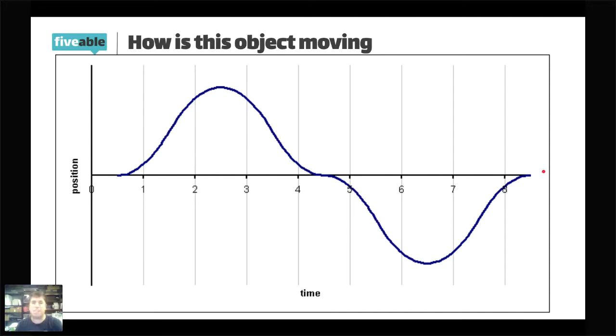Some possible examples of this. This curve shape is very typical of what you would see for a ball being thrown in the air. So I toss a ball up, it goes away, hits its highest point, then comes back.